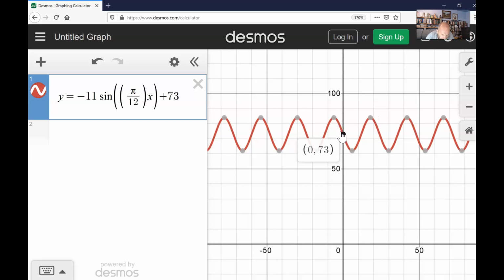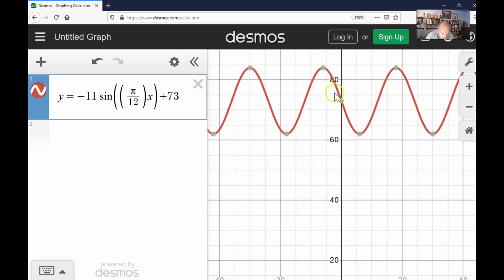I can't get small enough, but maybe I'll zoom in a little bit. If I click right about there, there's negative 0.8, and if I go up a little bit, there's negative 0.9. So it's right around there. That's the answer you're getting.